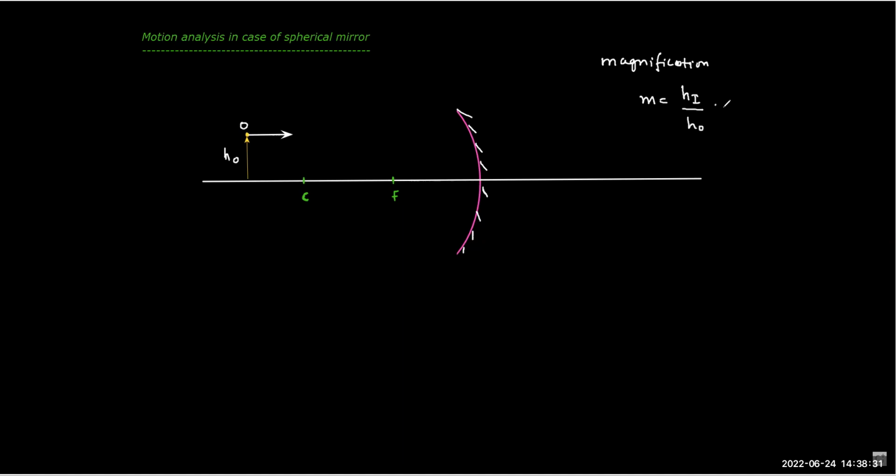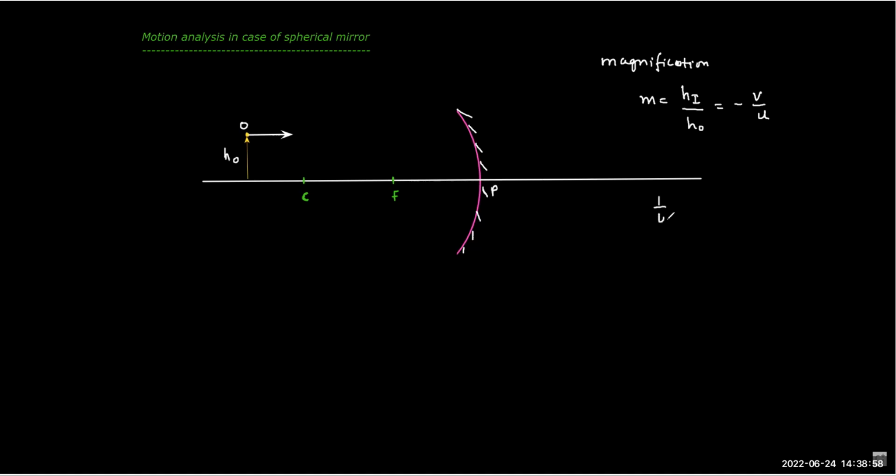And this we can write as minus v by u if you remember. So we'll try to understand what the magnification means. It means if the object distance is let's say ho, then what will be the image distance from the principal axis? And it turns out that it depends on the image position and object position with respect to the pole of the mirror.